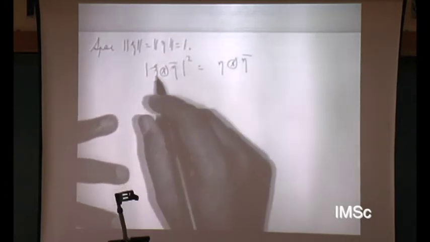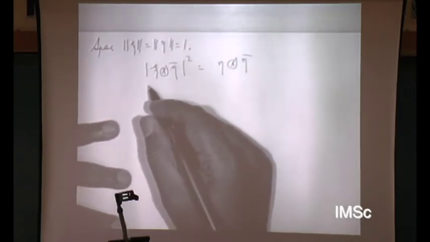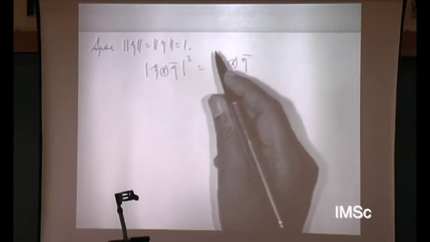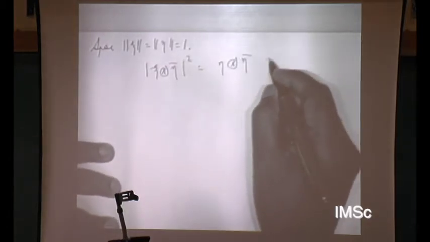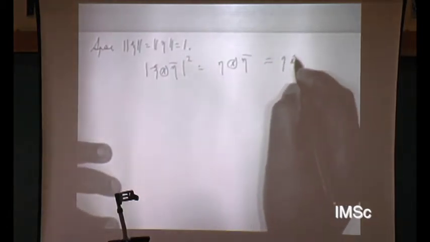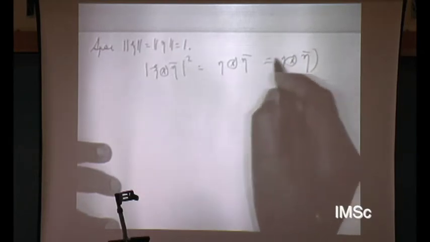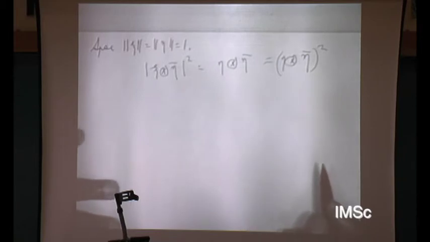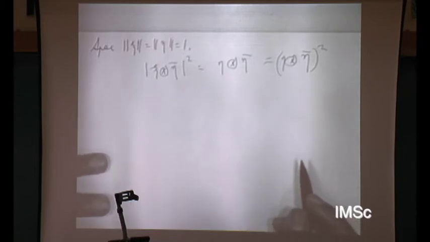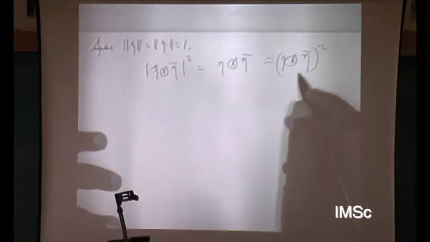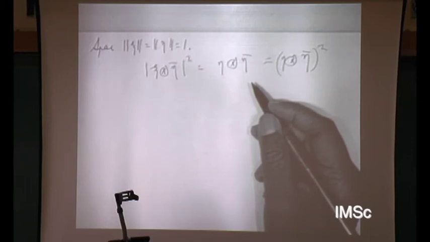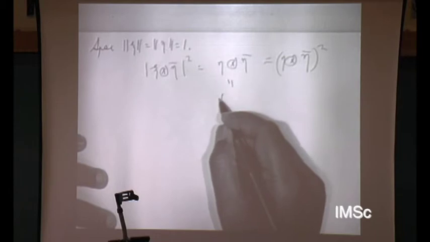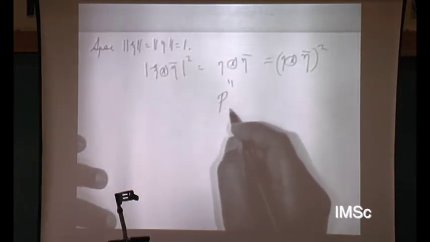Which, in the same thing, if you put psi equal to eta, eta tensor eta bar is self-adjoint. Right? So this is also equal to eta tensor eta bar squared. Consequently, eta tensor eta bar, as we just saw, is the projection onto the span of eta.